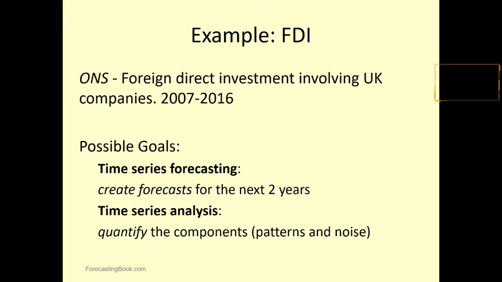So if you remember my previous video, we covered the example of FDI. You can find this data in Blackboard, yes. So it would be great if you follow my example. So the possible goals for linear regression or time series forecasting using linear regression: note that we are using linear regression in order to forecast the future rather than to fit a line through observations, which is probably a different reason from what you are going to see in econometrics or other modules.